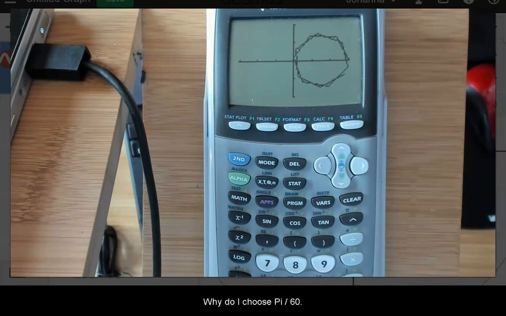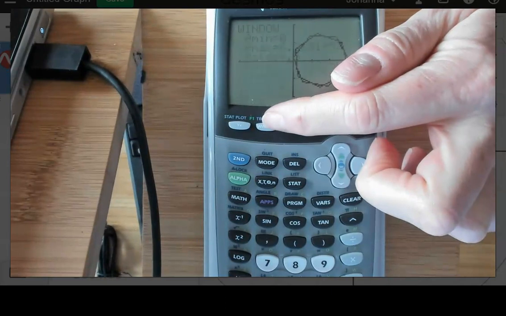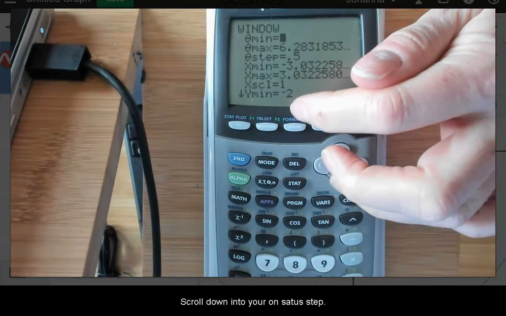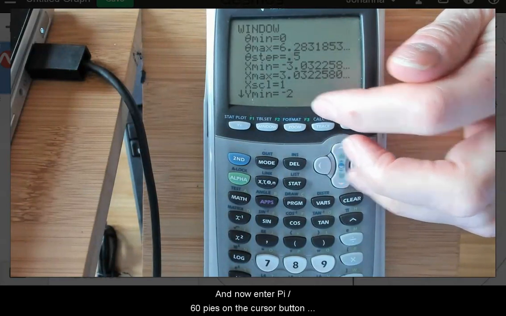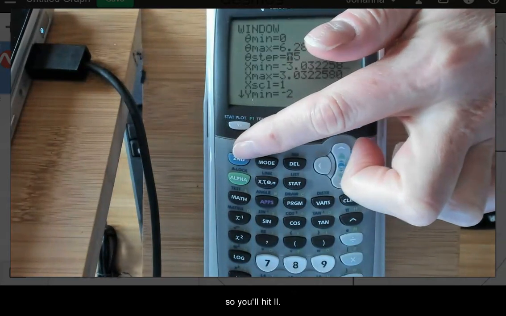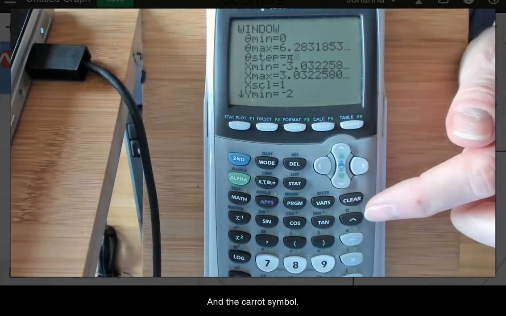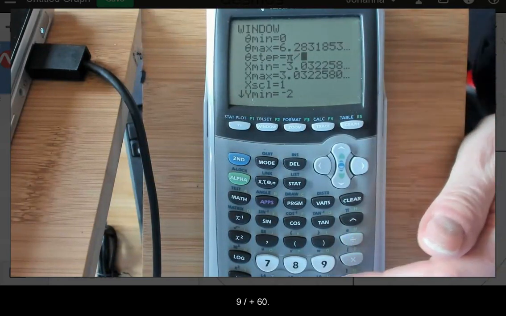Why do I choose pi divided by 60? Go back to the window, scroll down until you're on Theta Step, and now enter pi divided by 60. Pi is on the cursor button, so you'll hit second, and the caret symbol, and then divided by and 60.